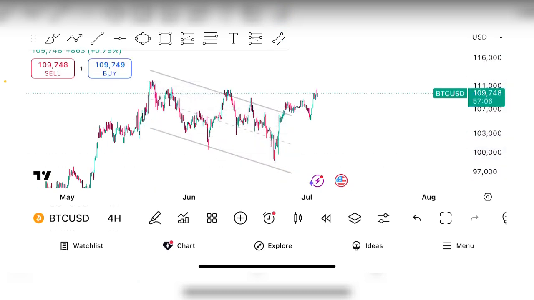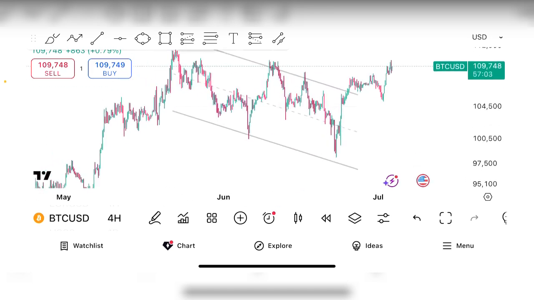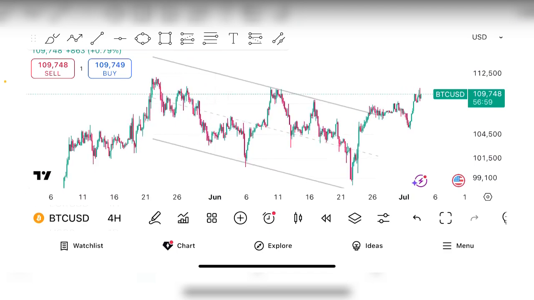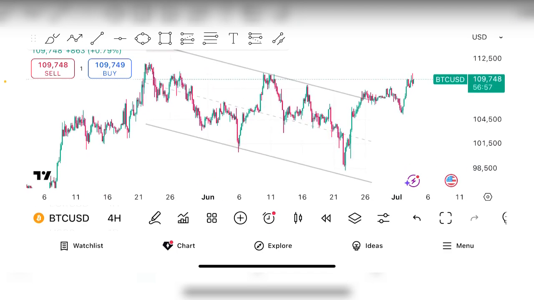You see, that's how you use the parallel channel to mark out the trend from up and down, so you are not confused. Add it to your favorite as well.